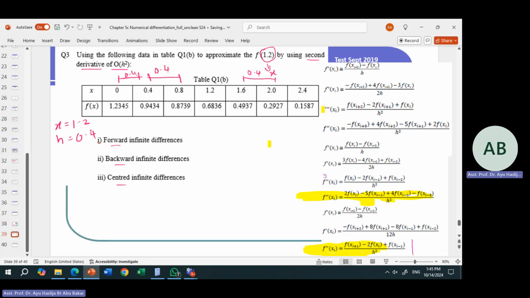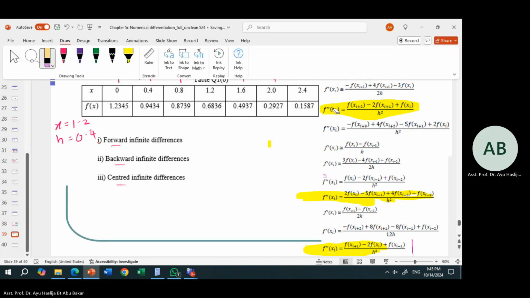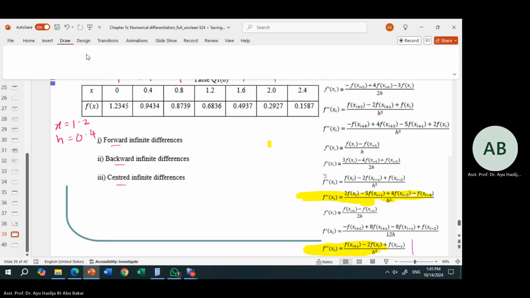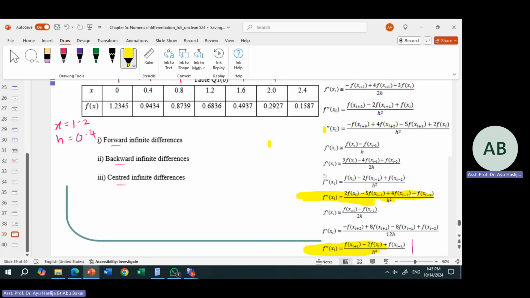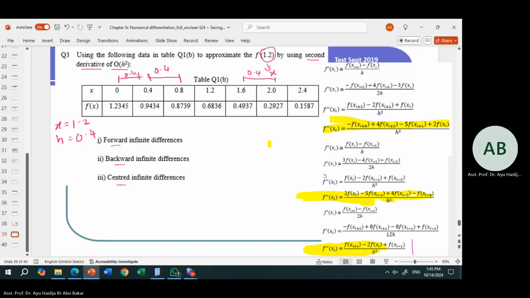Now, this is for forward. This is for backward. Sorry, not this one. O(h^2) level 2 should be this one.